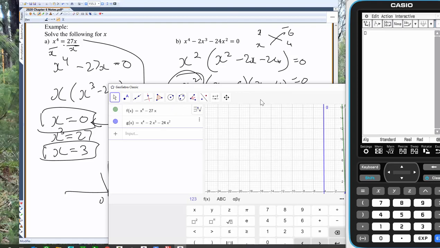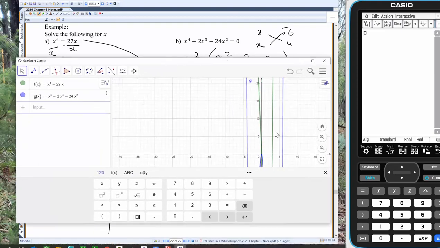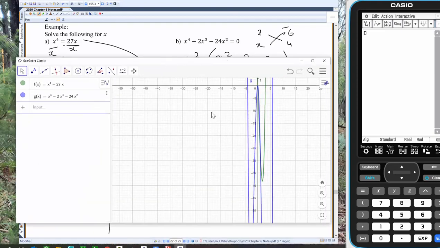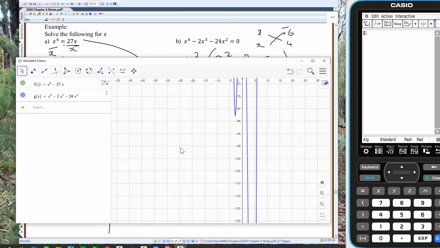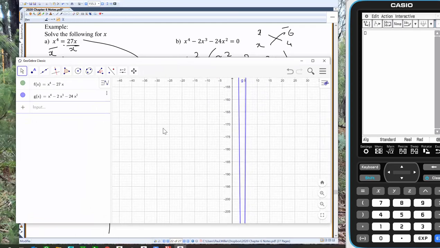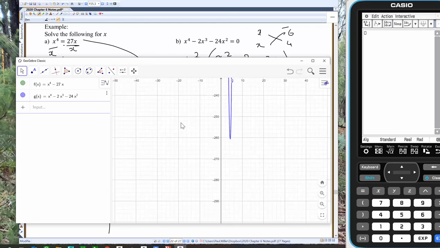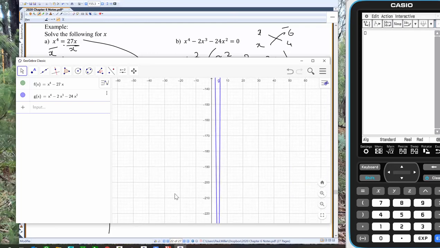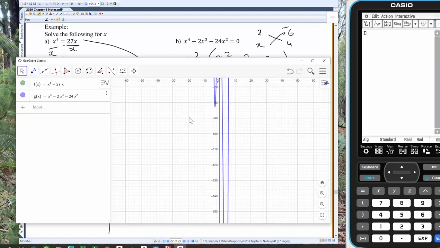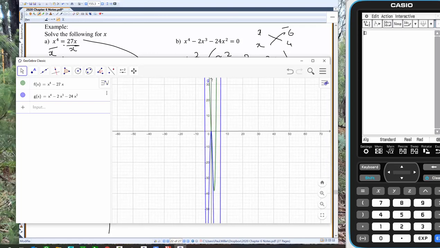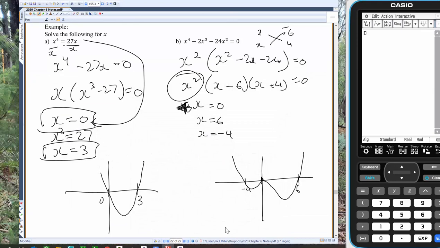All right, let's have a look. Yeah, so sure enough, it is a bit of a lopsided one, and look how low the turning point is there at negative 260. But we got the general shape of it quite good in our notes, and lucky I didn't commit to any y values because it's way low.